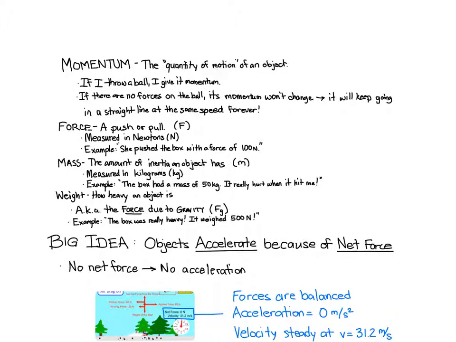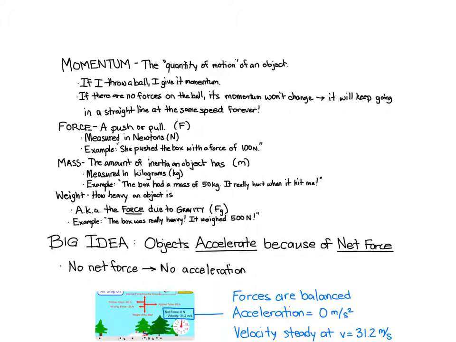Keep moving forever. Now, have you seen this happen in real life, a bowling ball that keeps on going forever? Of course not. A lot of times a bowling ball might slow down. Why does it slow down? What is pushing on it? Friction. That's a force. Friction is a force on an object that causes the ball to slow down.